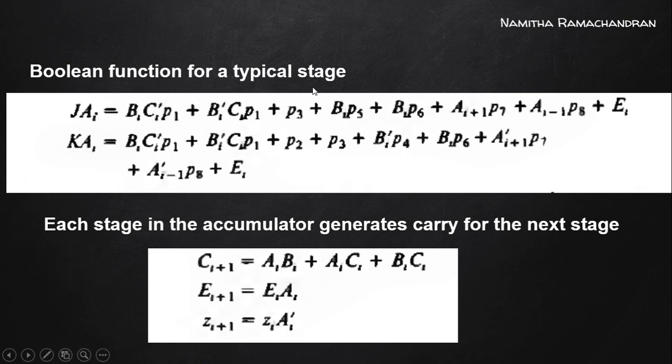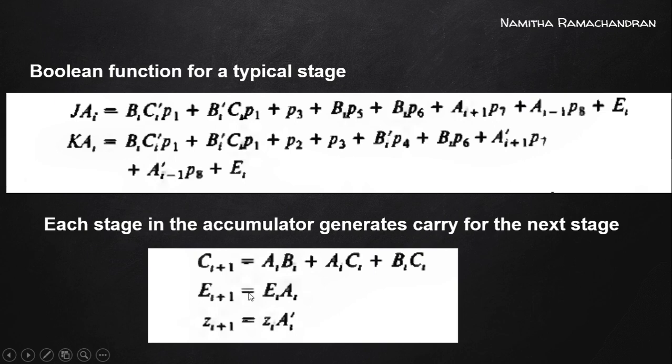So the Boolean function for a typical accumulator stage is like this. The J input must be like this, and the K input of this particular stage must be like this.